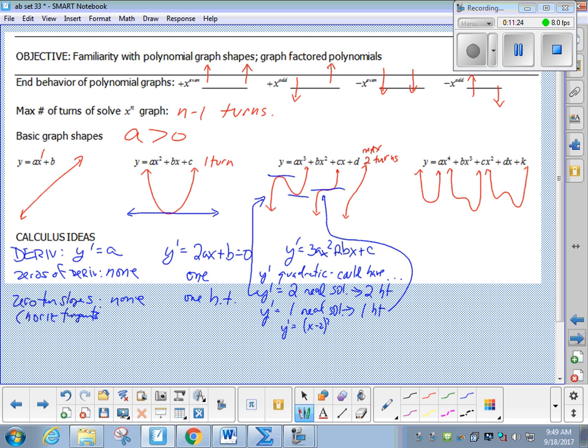It has one place it goes horizontal. Or y prime could have 0 real solutions, in which case it has 0 horizontal tangents. And that's that case. You follow?